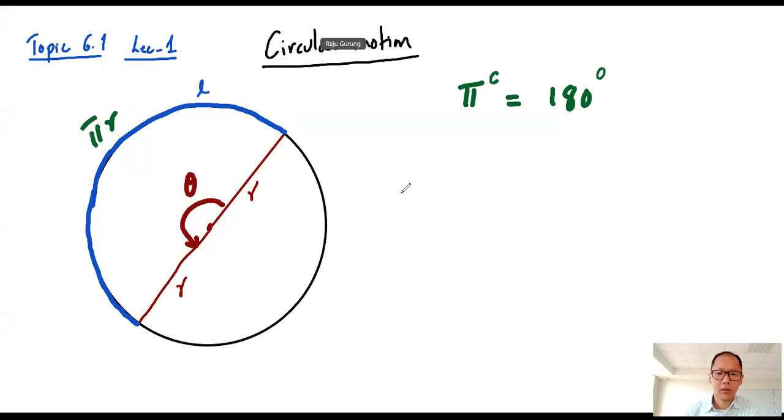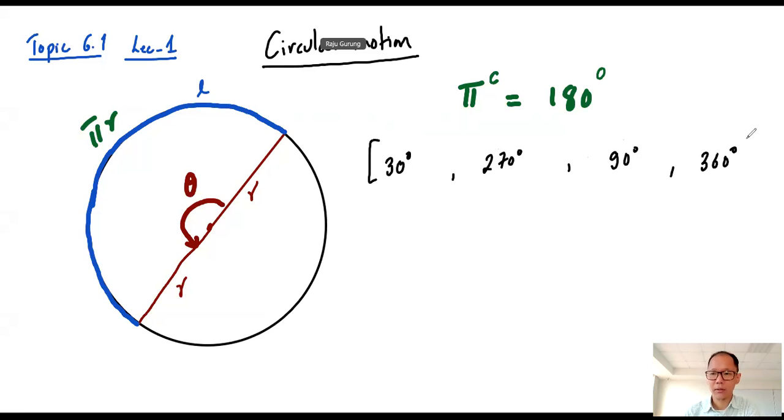Because we are familiar with degrees, let's try to convert degrees to radians, because here we are mainly talking about radians, right? So, for example, I want to know what 30 degrees, 270 degrees, 90 degrees, and 360 degrees are in radians.